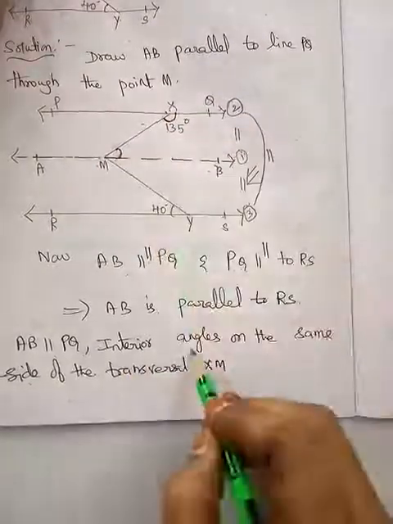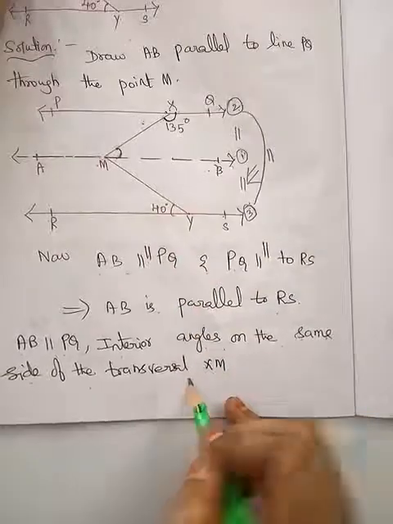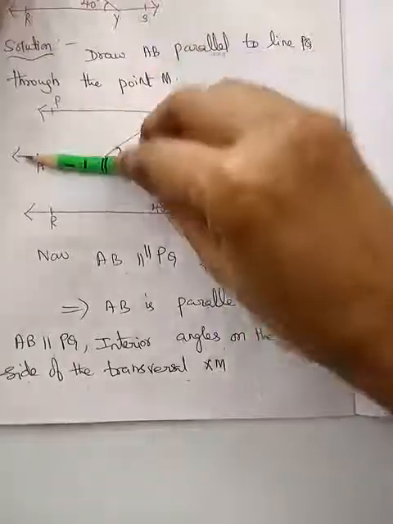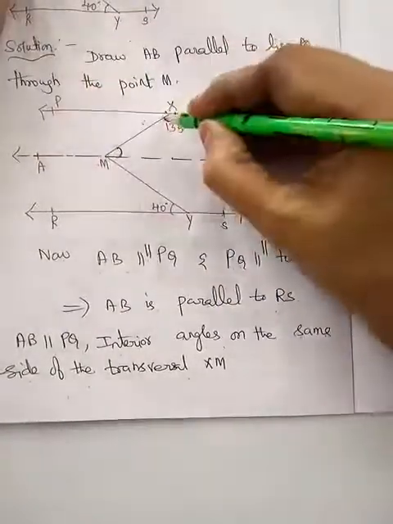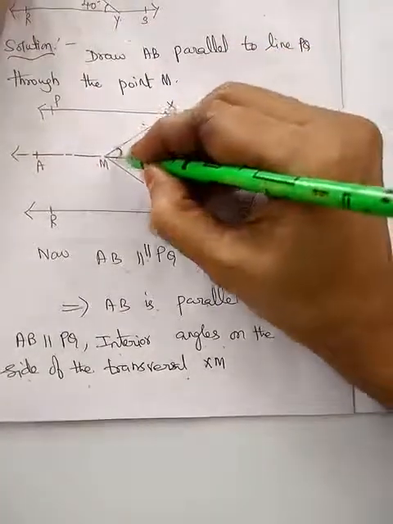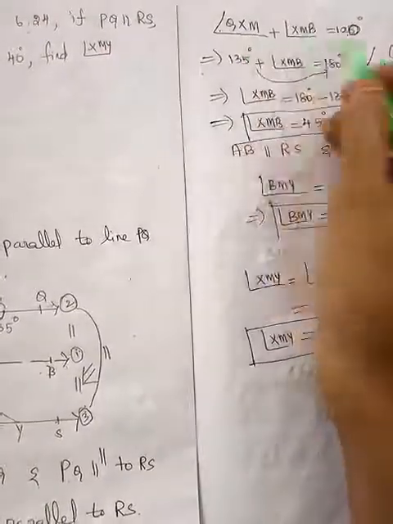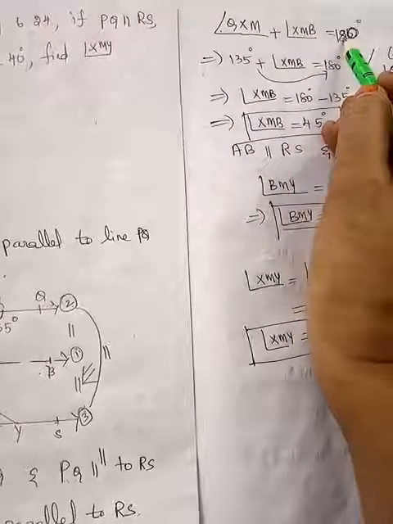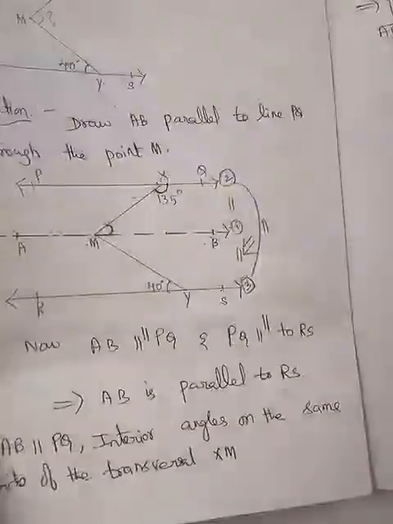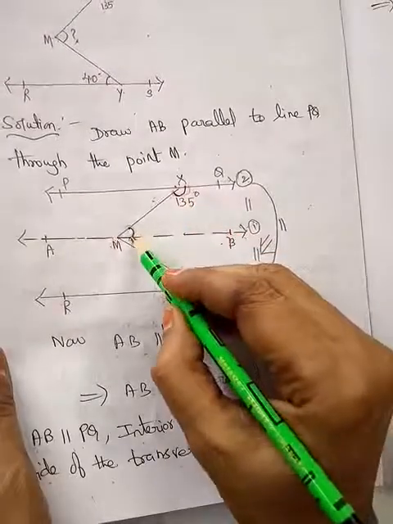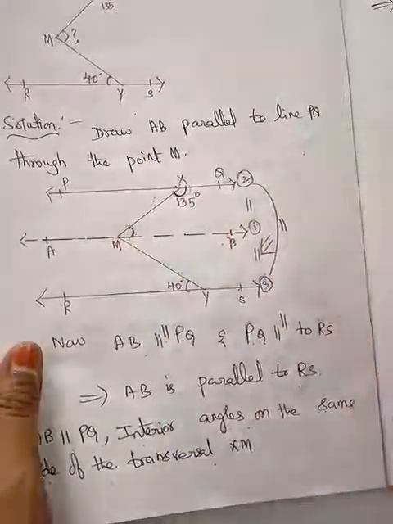So you have a transversal and two parallel lines like this. These two are nothing but interior angles. The sum of the interior angles is 180 degrees. This is a known fact.